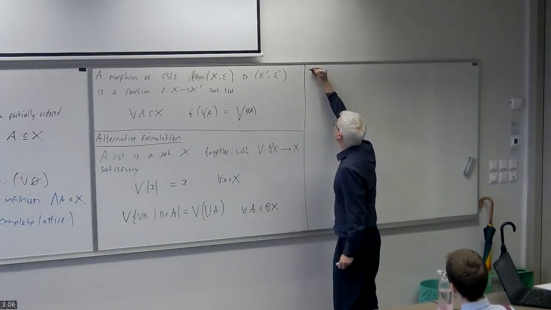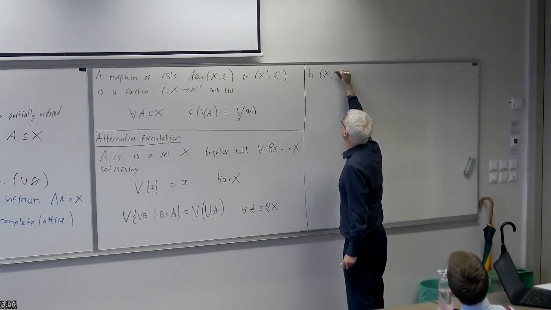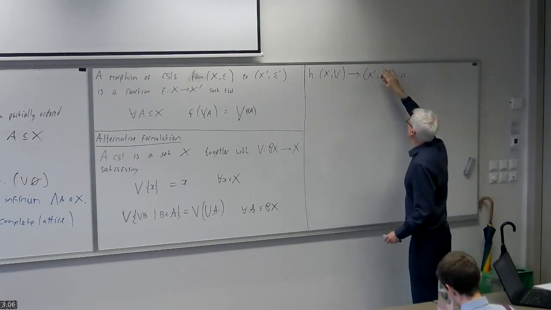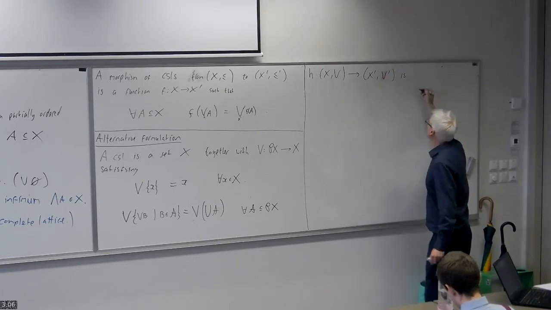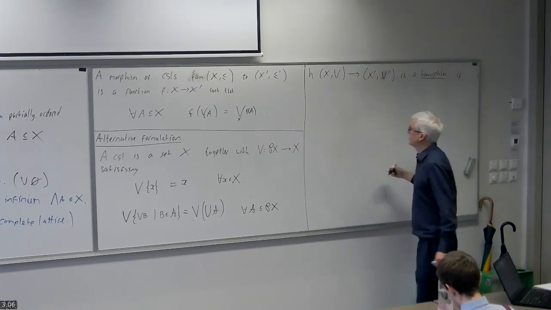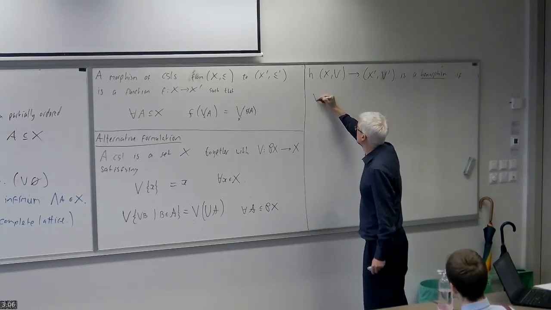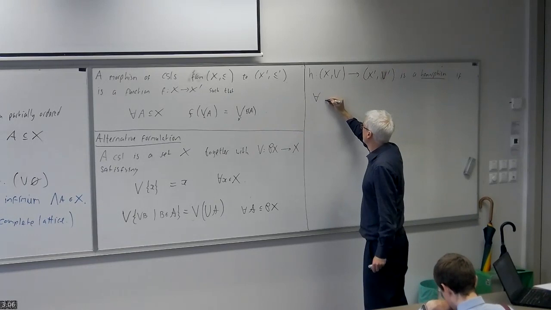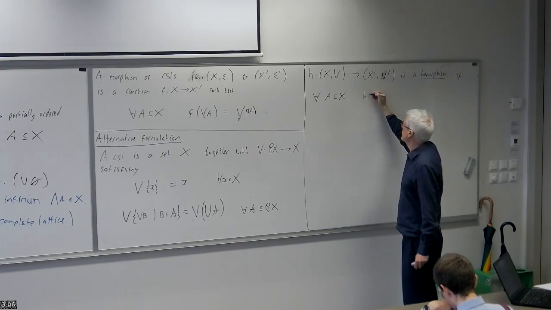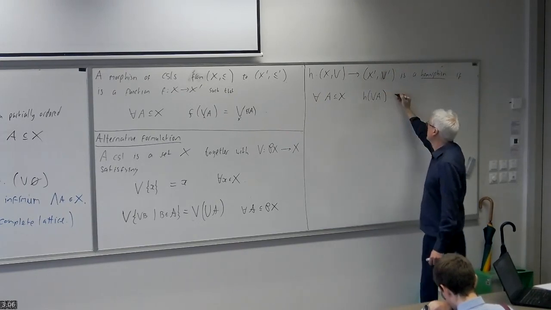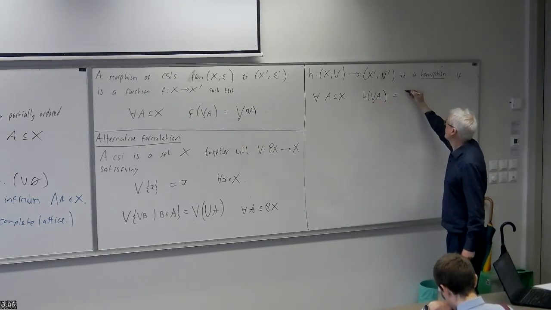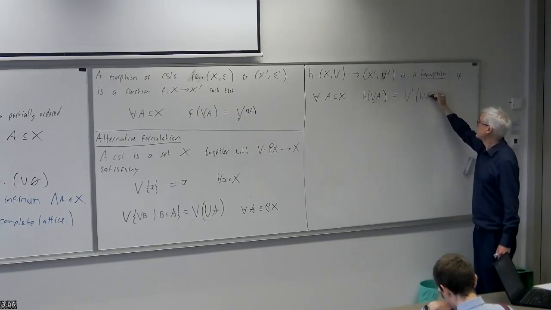So a homomorphism, this is a join operation, is a homomorphism if for every subset A of X, H applied to the join of A is the join in X, of course, it's just the same as before, isn't it?